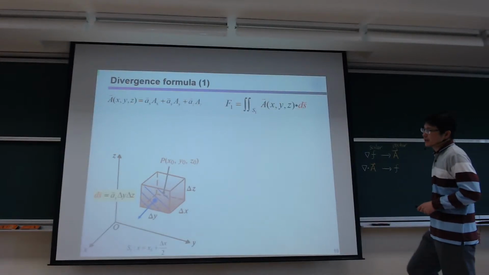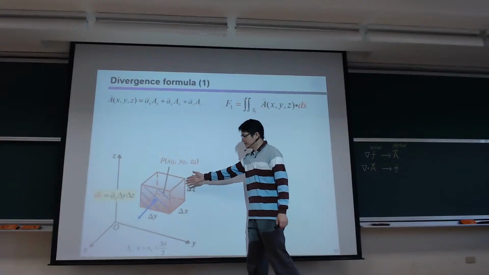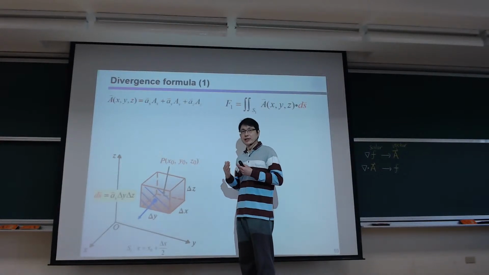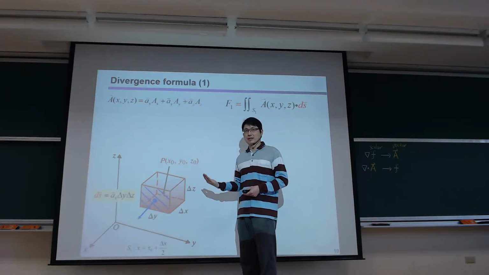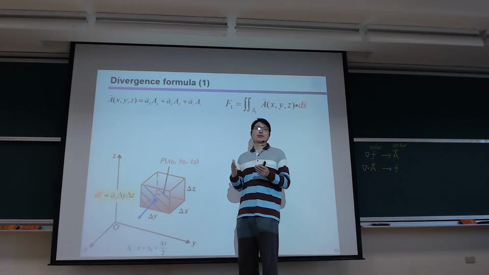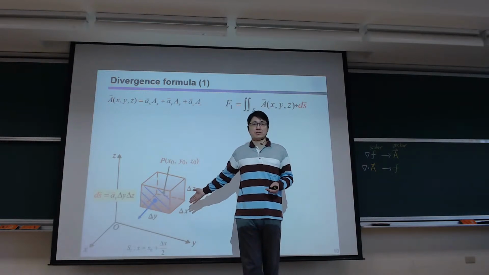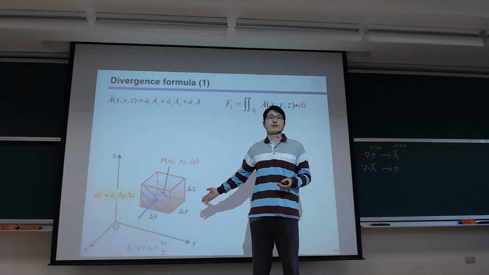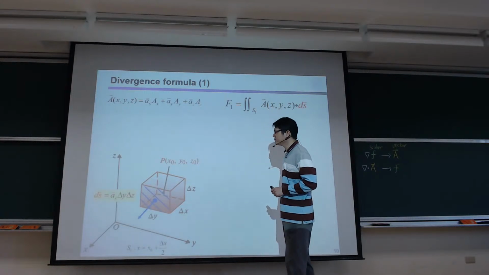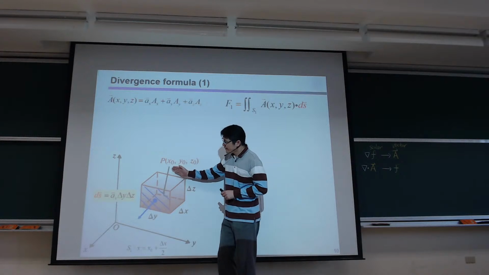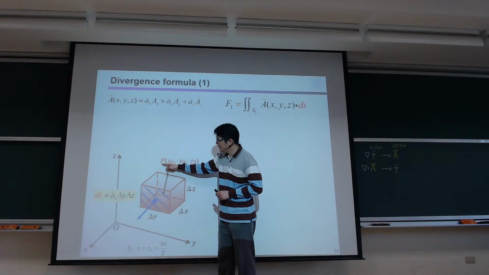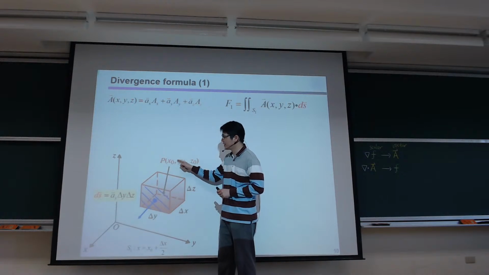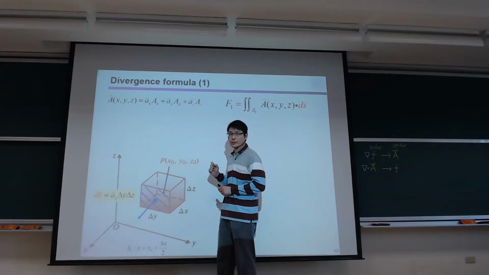All right, so let's really calculate it. I have a small cube. A cube has 6 surfaces. I'm not going to do all the calculations. I am only going to calculate for 2 surfaces. The rest are for you to work, and I believe you learned this in the past, during your freshman year. Okay, so I now have a cube centered at point P. P has its x, y, and z values, x0, y0, z0.